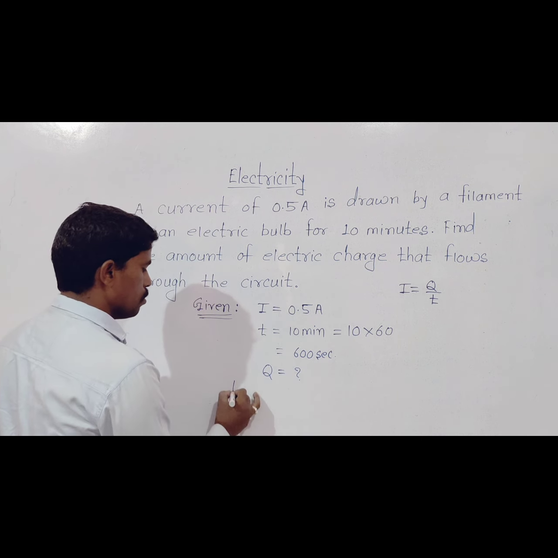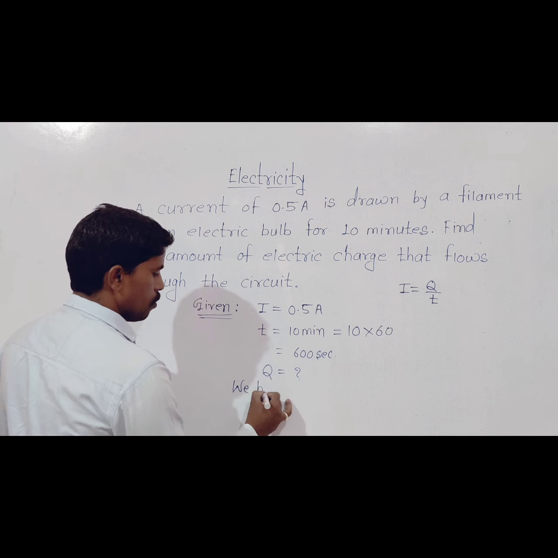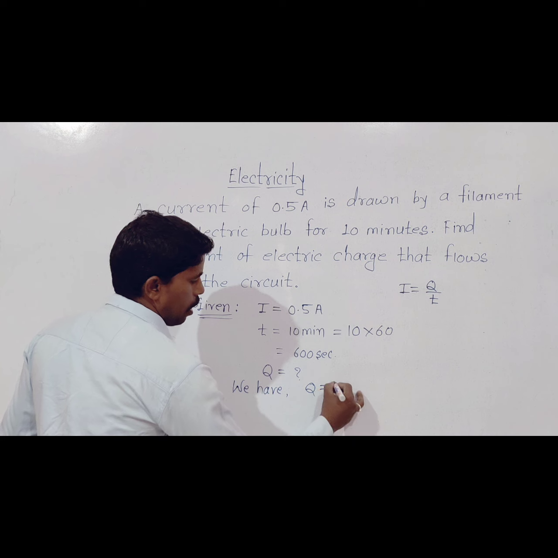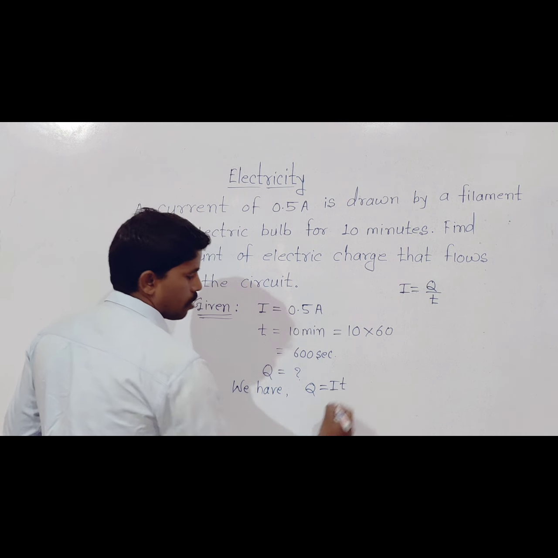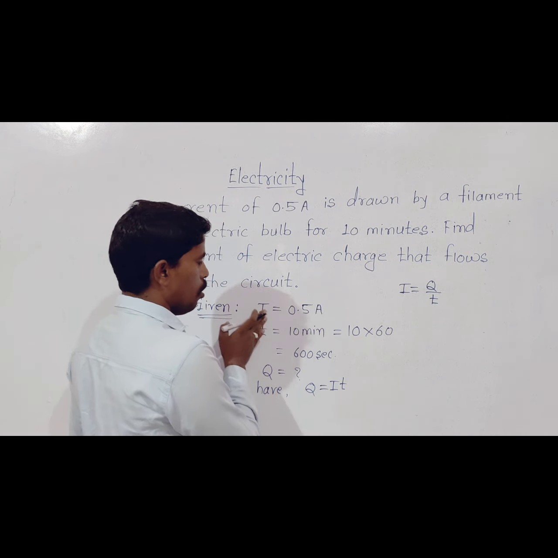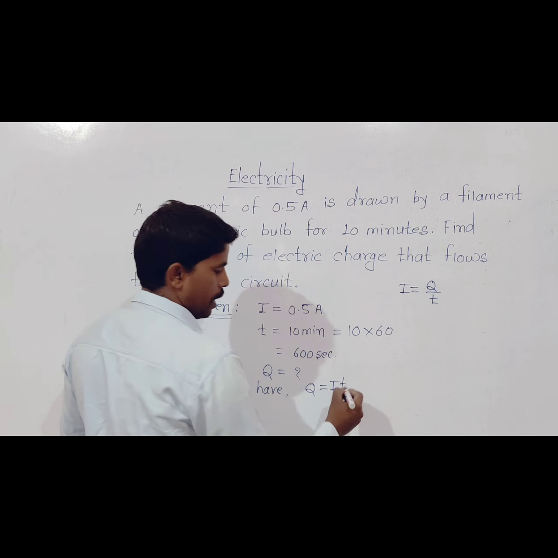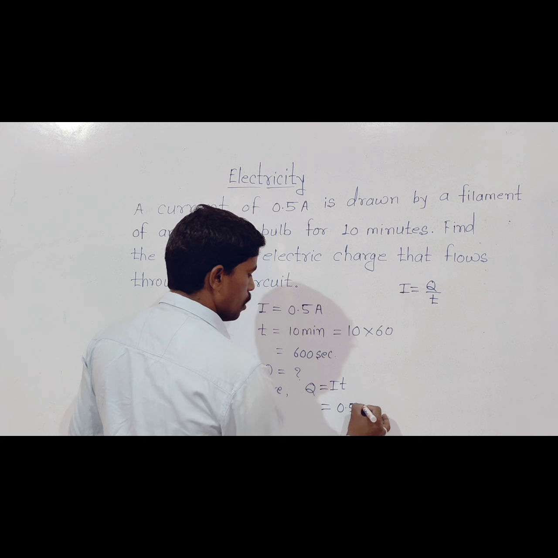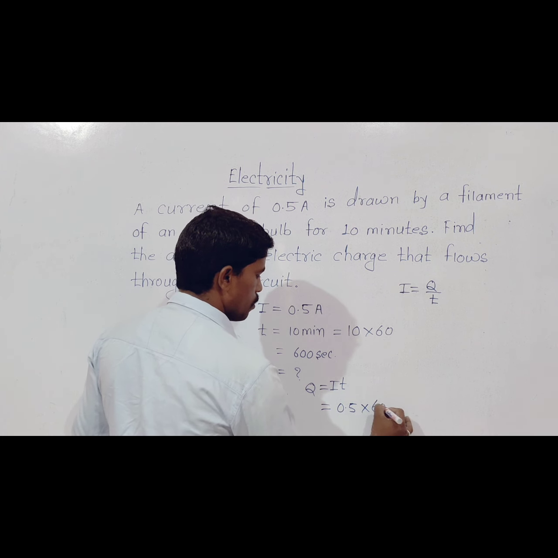So we have Q is equal to IT. Therefore, substitute the value of I and T, we will get answer, that is 0.5 into 600.